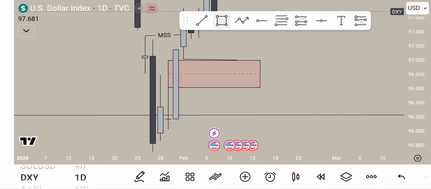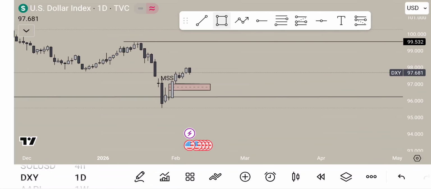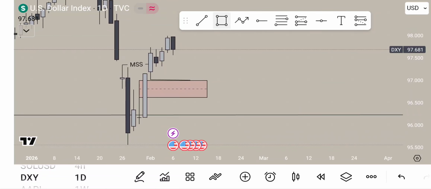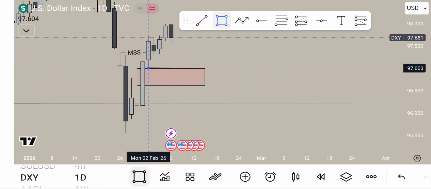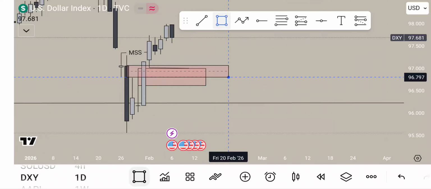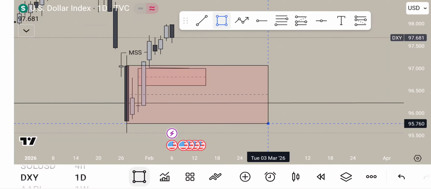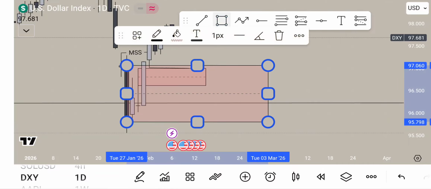And what do I expect? This candle here will act as a demand zone.